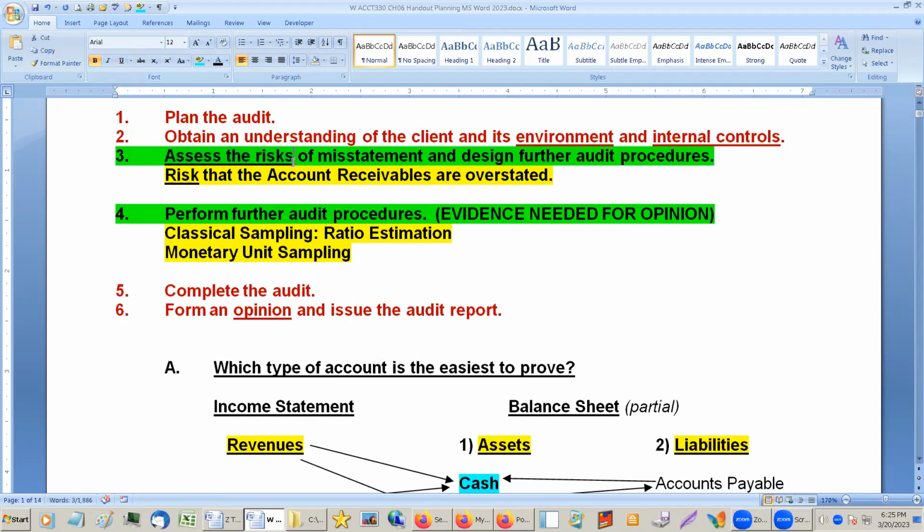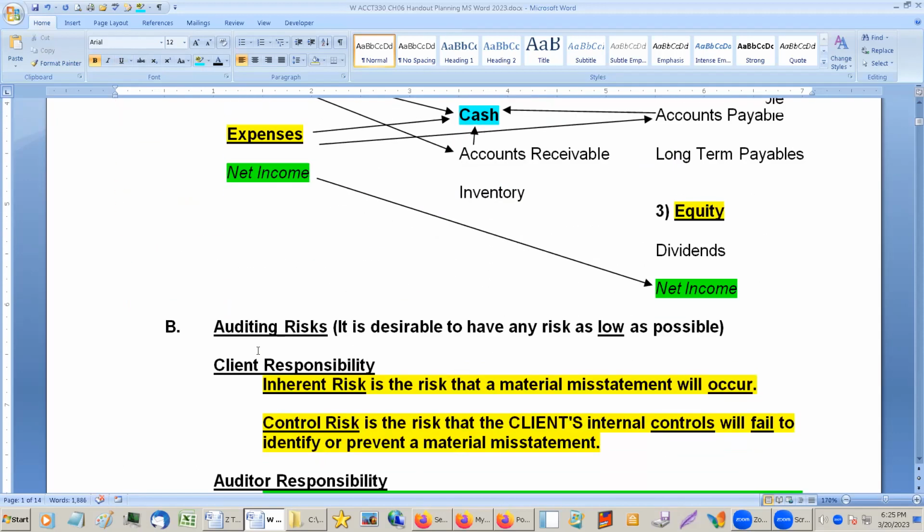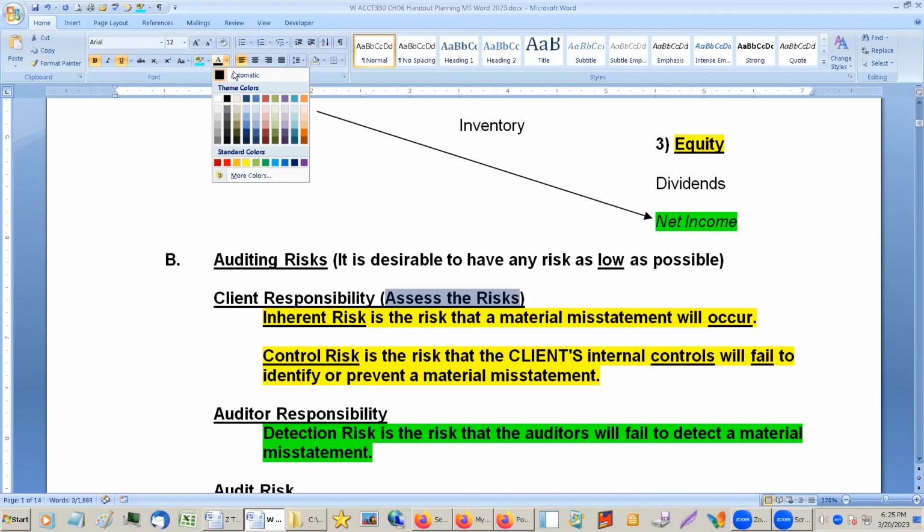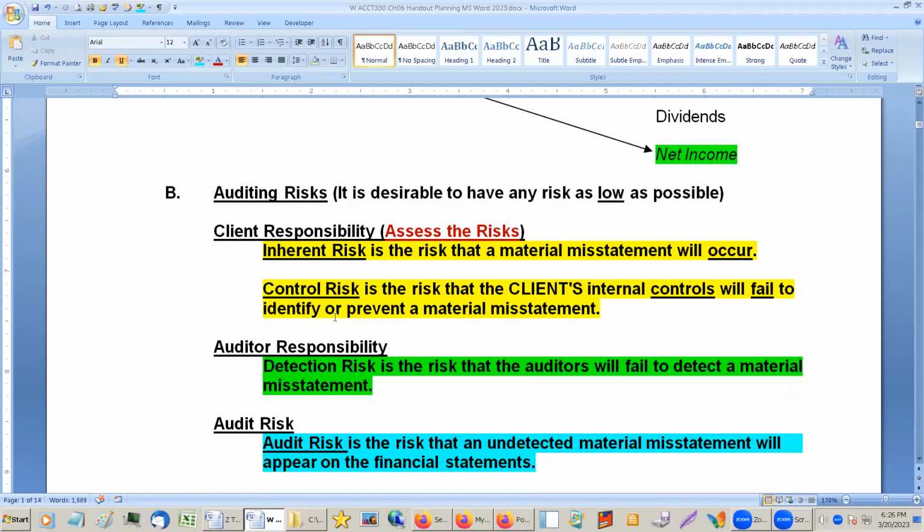So what we're doing when we assess the risk is, these are the risks that we are assessing. You know, the inherent risk and the control risk. We're looking at what these client's responsibilities are.